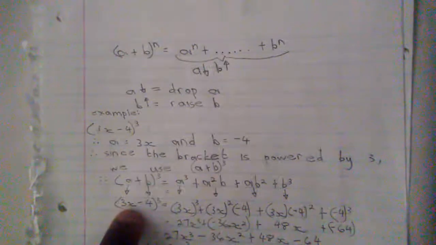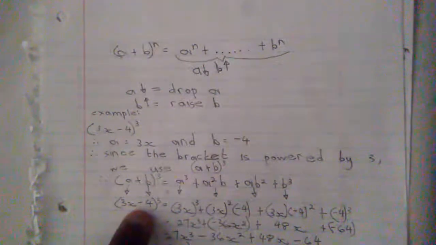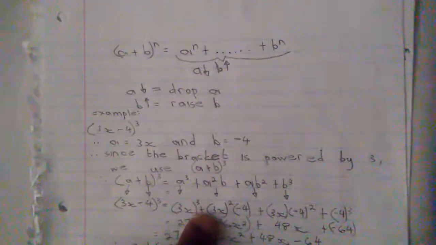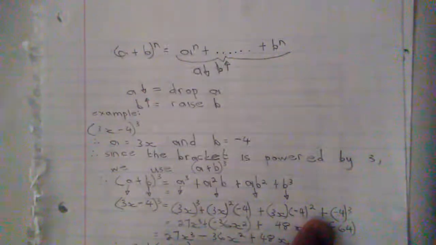And so wherever there's a, we substitute with 3x, and wherever there's b, we substitute with negative 4. So this will be 3x to the third plus 3x squared times negative 4 plus 3x times negative 4 squared plus negative 4 to the third.